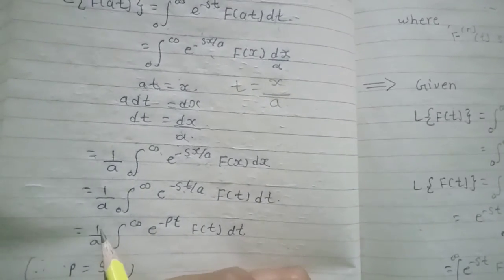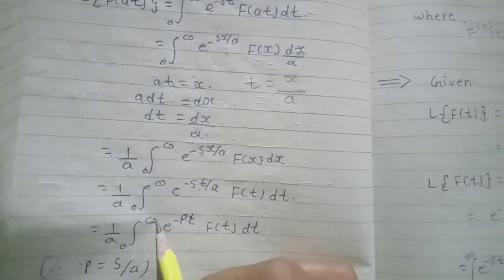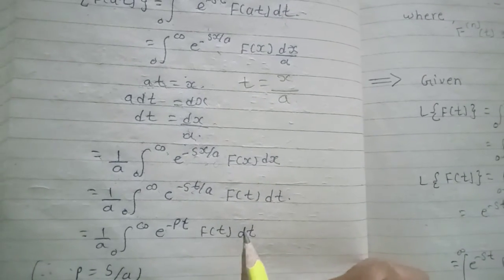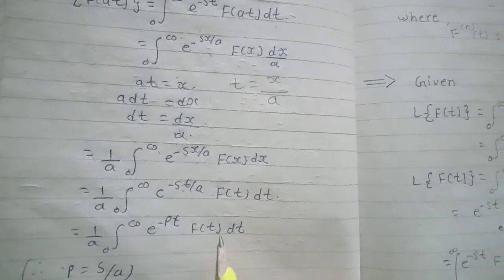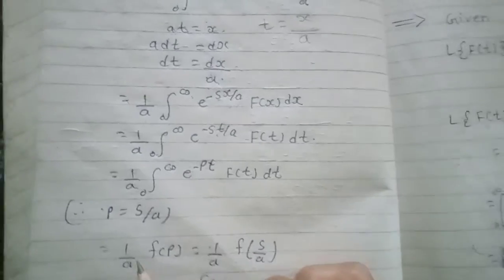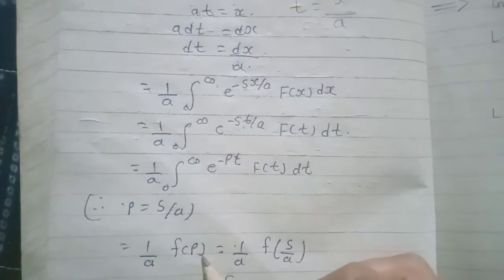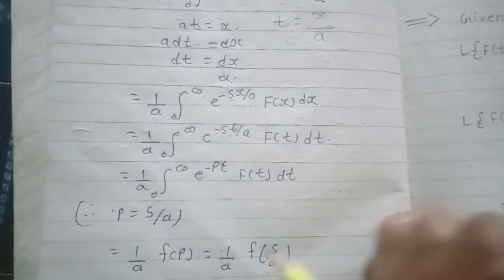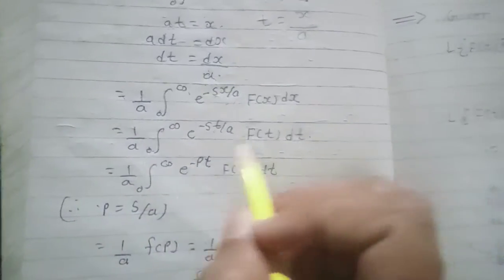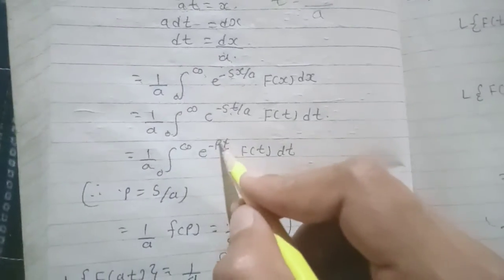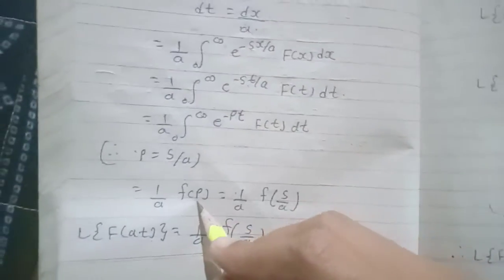So 1 upon a integration 0 to infinity e raised to minus p t f of t dt. Then we solve this: 1 upon a f of p. We know the famous Laplace equation; this is equal to F of p, where the variable is p.